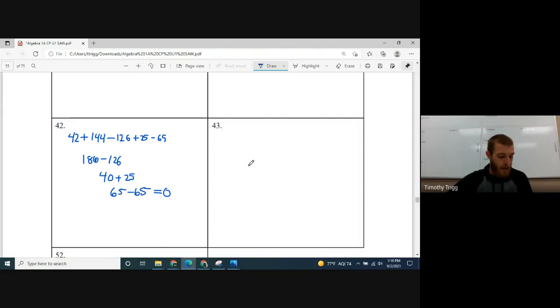Okay, 43. This is very similar, it just doesn't have a picture. It says a stock's starting price per share is $51.47 at the beginning of the week. During the week, the price changes by gaining $1.22.